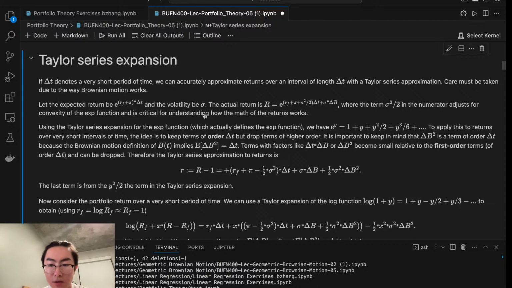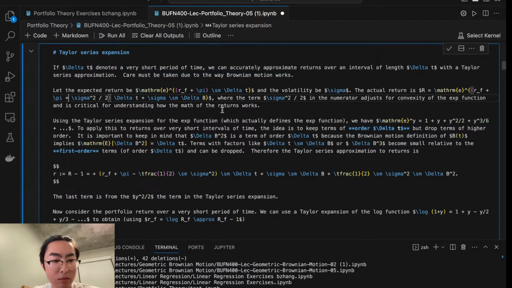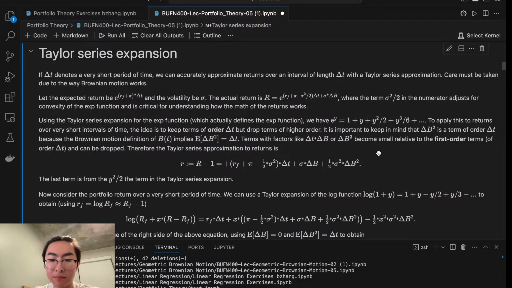Equals expectation. So that's return, minus sigma squared, just for the convexity, times delta t plus sigma times delta b.